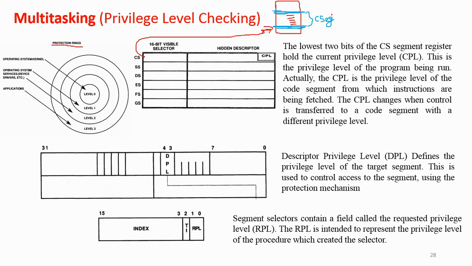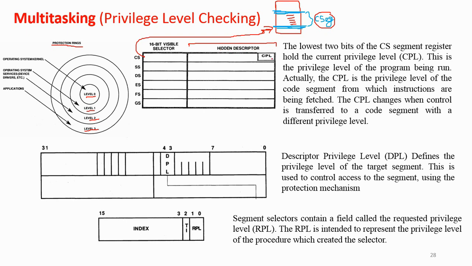The code inside the code segment has a privilege level, so it can get executed at privilege level 3, 2, 1 or 0 depending upon the code. The CS register, which holds the base address of the code segment, has another field. This is called the cache register. So this is the hidden part.